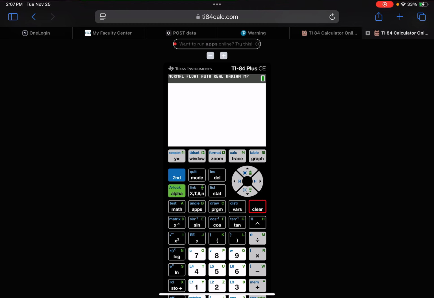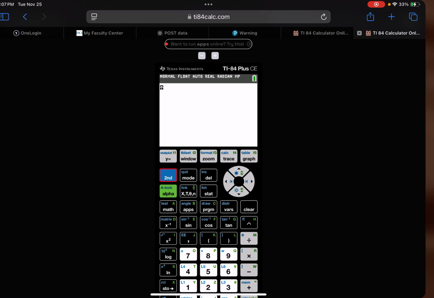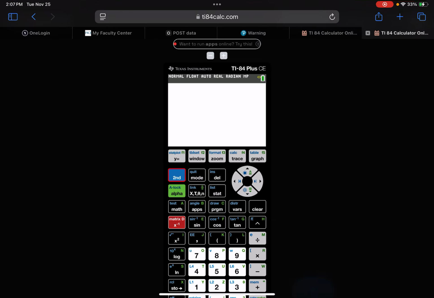You're going to hit second, then the matrix button, which is the fourth button down below second. It brings you to this screen, and you're going to want to hit the right arrow over to edit.